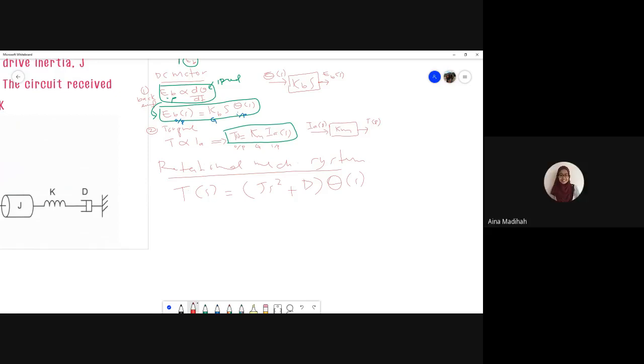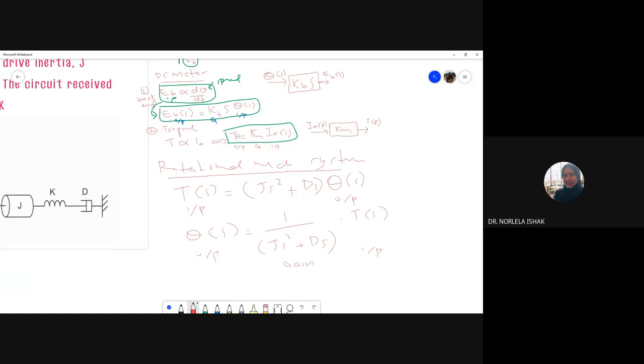Torque is input, and theta is your output. So you have to rearrange our equation. Theta equals 1 over the gain, JS squared plus DS, multiplied with torque. Now this is our output, this is our gain, and this is our input.